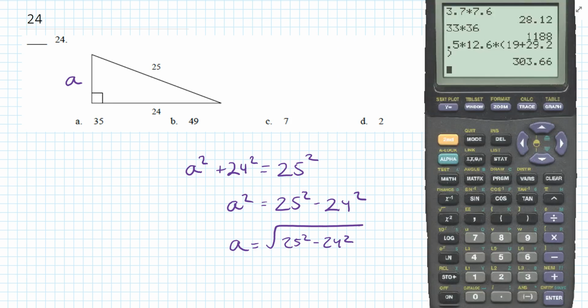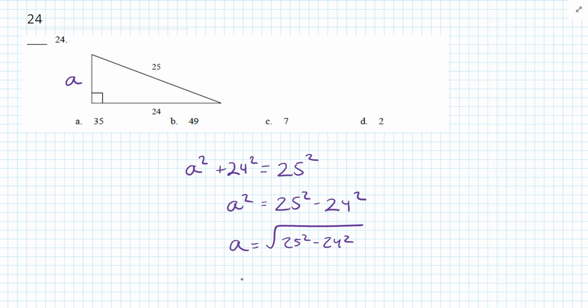Again, easy calculator work. So we're going to do the square root of 25 squared minus 24 squared, and we're going to close parentheses. Our answer is 7. a equals 7. So answer C.